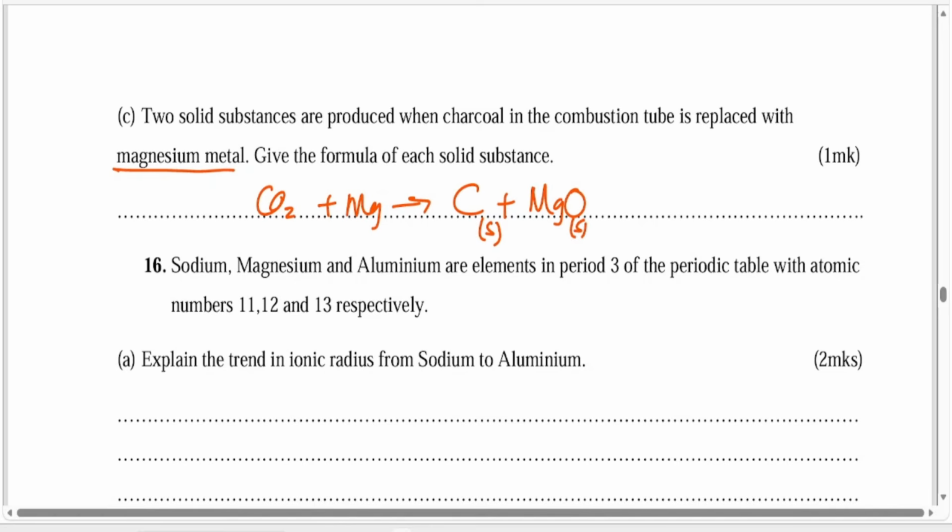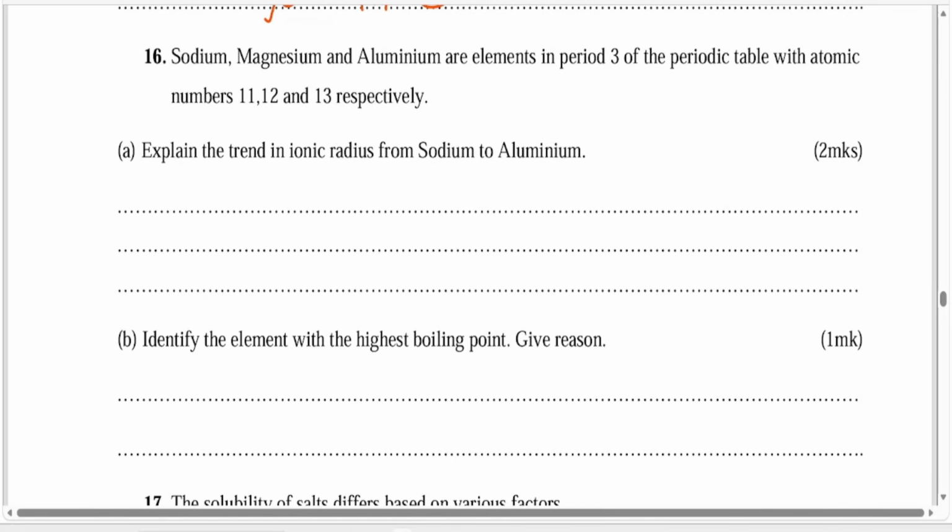So the two solids that I could have obtained in this case shall be carbon and magnesium oxide. So give the formula. We are giving the formula of the two. So the first one is magnesium oxide and carbon. Each has a mark, that totals to 2 marks.